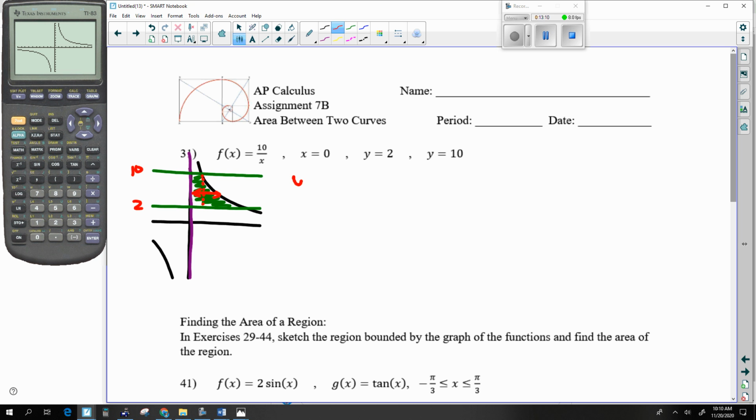And so right now I have y is equal to 10 divided by x, but just a little bit of manipulation, x is equal to 10 divided by y, same difference. So now I have an equation of this, and now I can just integrate it from 2 to 10, getting that same area, as opposed to integrating from 0 to whatever that intersection point is, question mark, and then from question mark to a second question mark. I don't know what those things are.